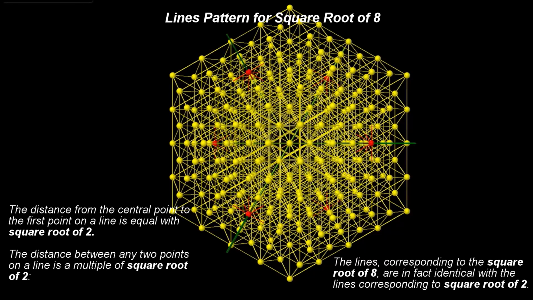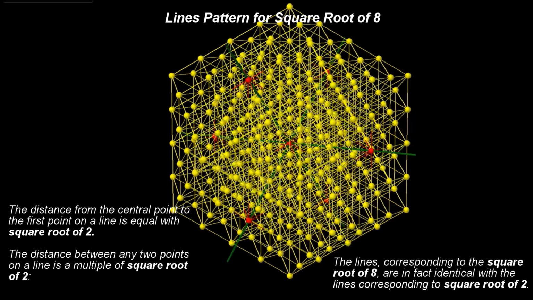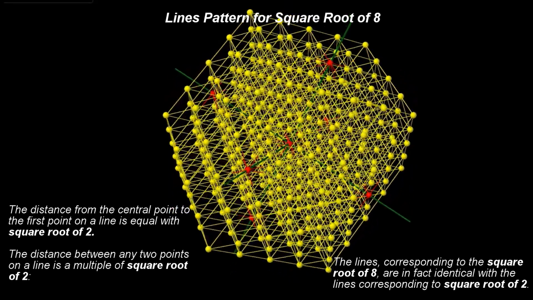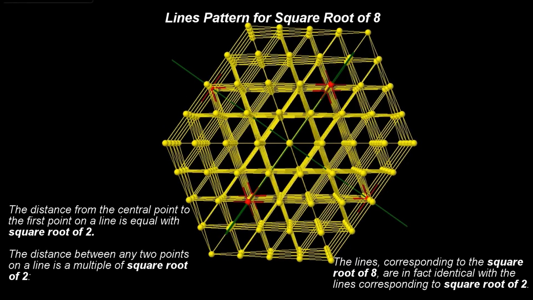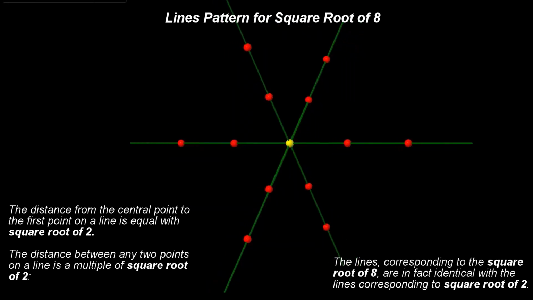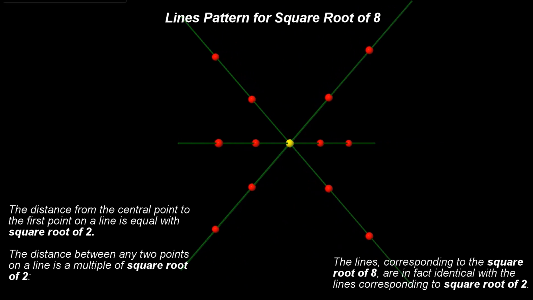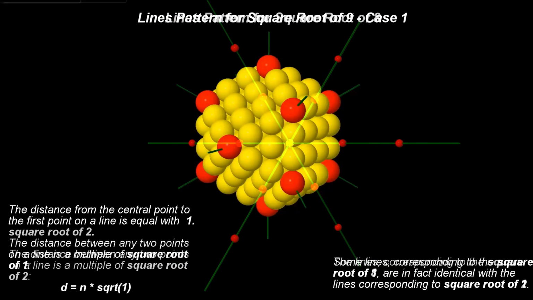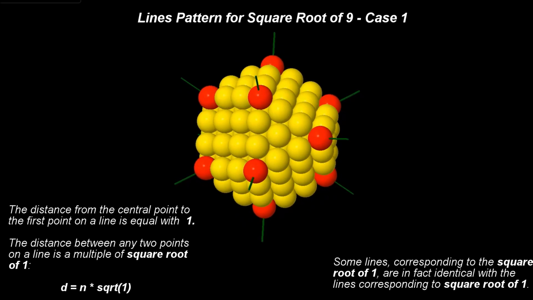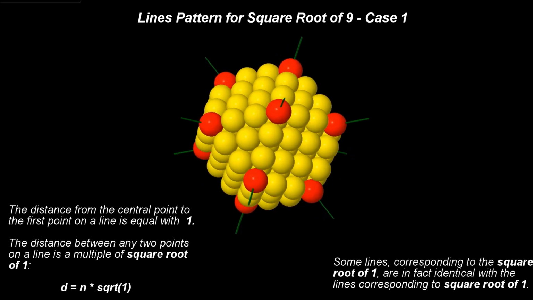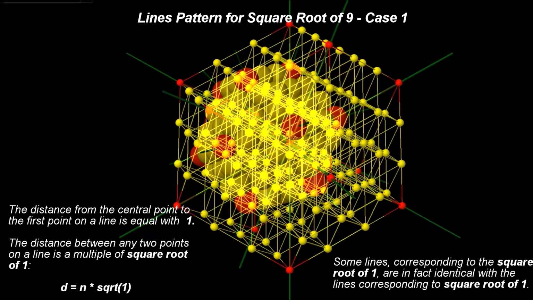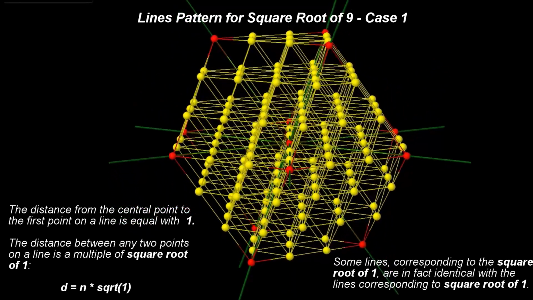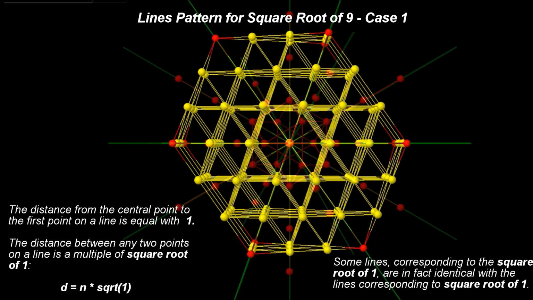The distance between the central point and the second point on the square root of 2 line is equal to 2 multiplied by the square root of 2, which is also equal to the square root of 8. Some of the lines corresponding to the square root of 9 are identical with the lines corresponding to the square root of 1. The distance between the central point and the third point on the square root of 1 line is equal to 3.